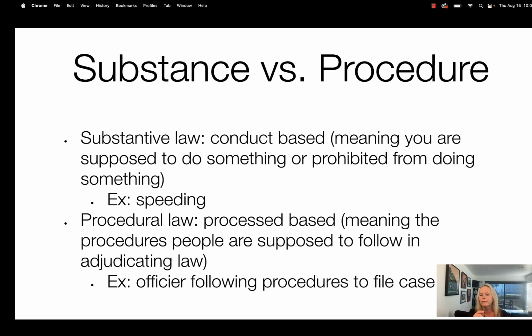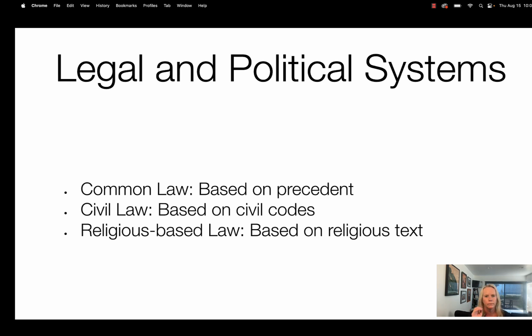If he didn't follow all of the procedures, that excuses you from culpability. If you prove that you were not speeding, that also excuses you from culpability. So when you think about a speeding ticket, it's not just the substantive piece that you may have the ability to argue against, it's also the procedural piece. That's substantive law versus procedural law.